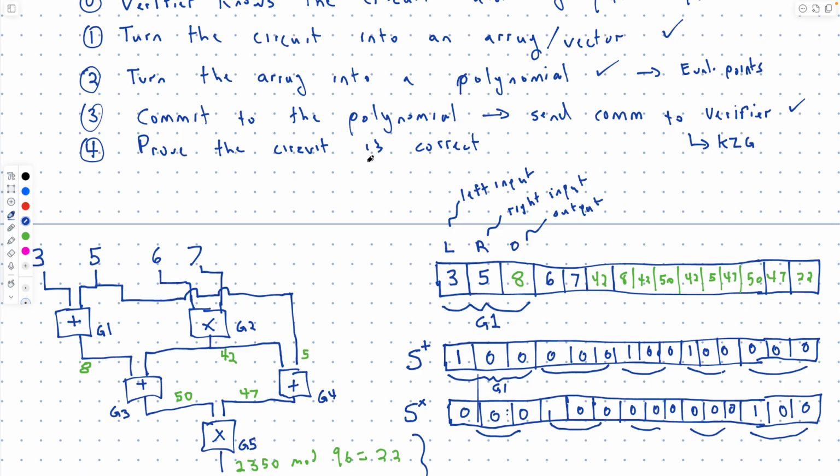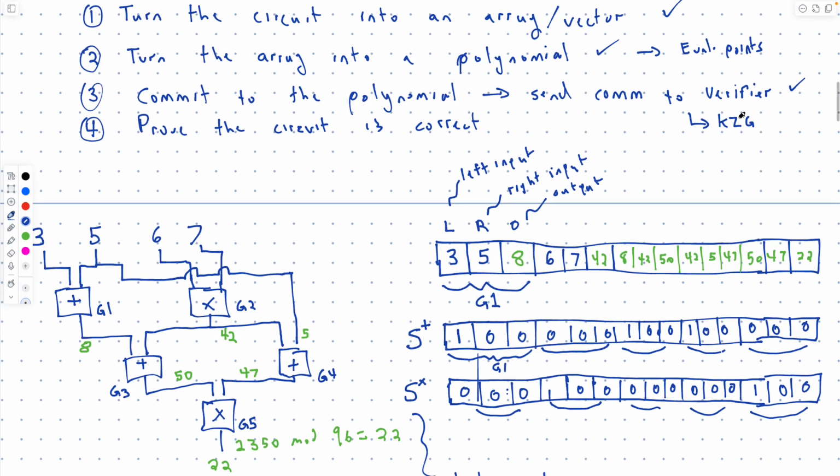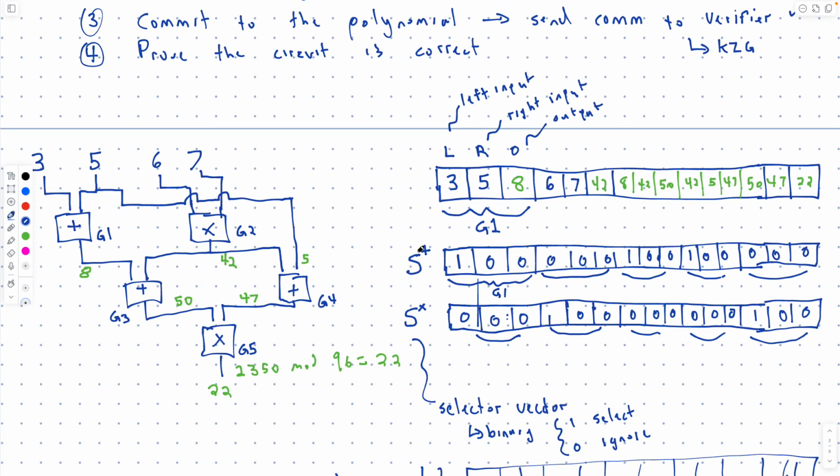Then we want to prove that the circuit is correct. The verifier now has a commitment. They know S plus and X, but they can hold them as commitments if they want. You give them a commitment to this trace of the circuit. At the end of this, the verifier holds this, but is this array correct or not?